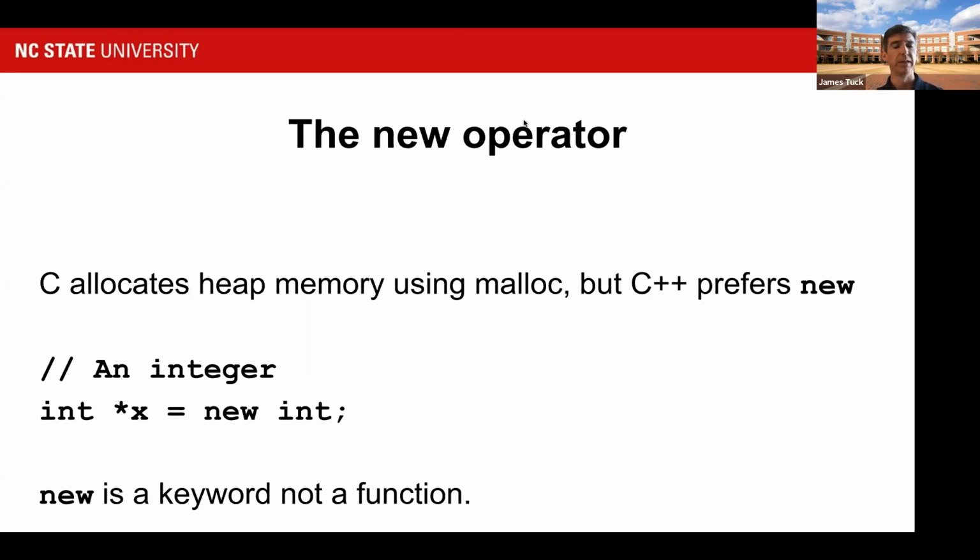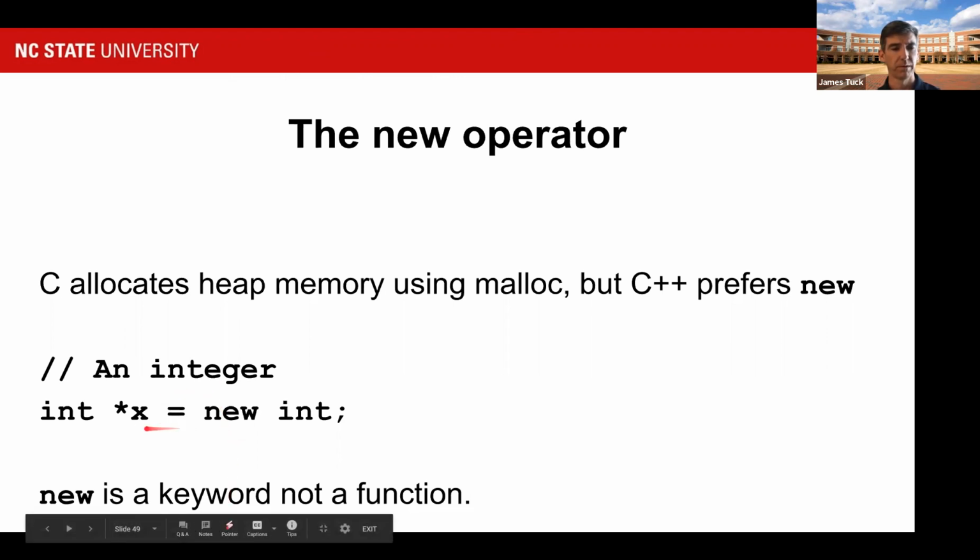So for example, if I want to create a new integer, or I want to allocate memory for an integer in the heap, then I would do it as I'm showing here on the slide, where I say x equals new int.